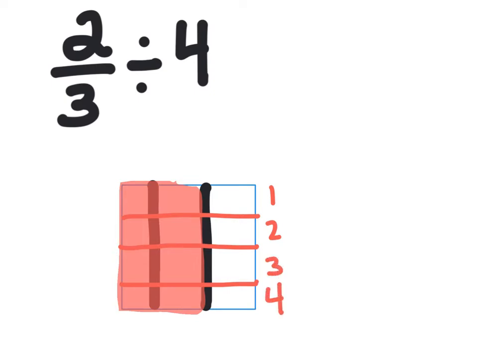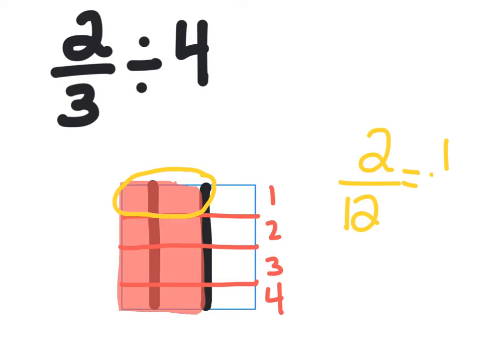I'm then going to look at how many pieces are in each row. I have 2 pieces out of a total of how many in this original box, and that would make it 12. If I simplify, I have 1/6. So therefore, 2/3 divided by 4 is 1/6.